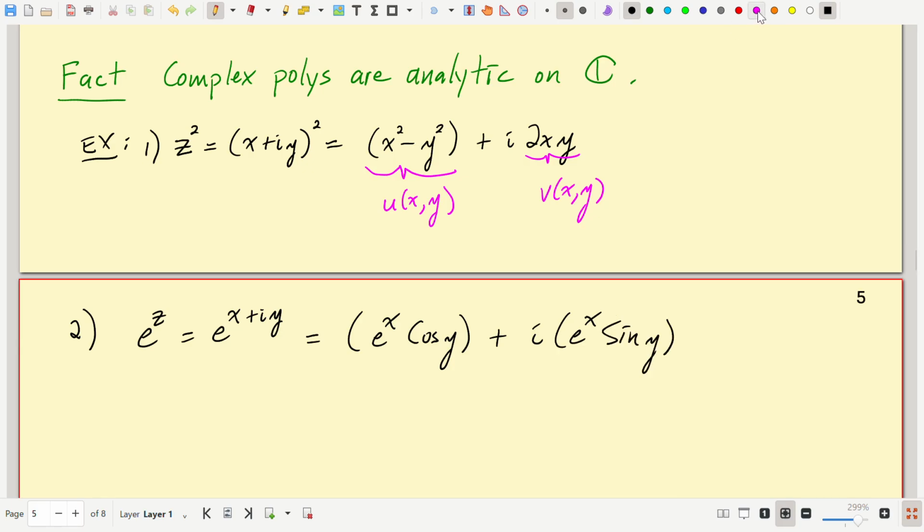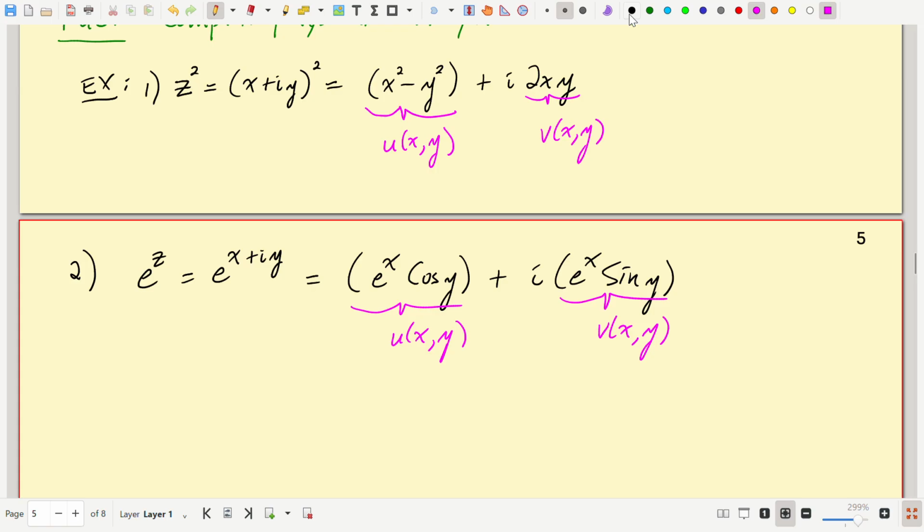And this is u of x,y, and this is v of x,y. The question is, is e to the z analytic? I'm going to answer that question in the next couple lectures.